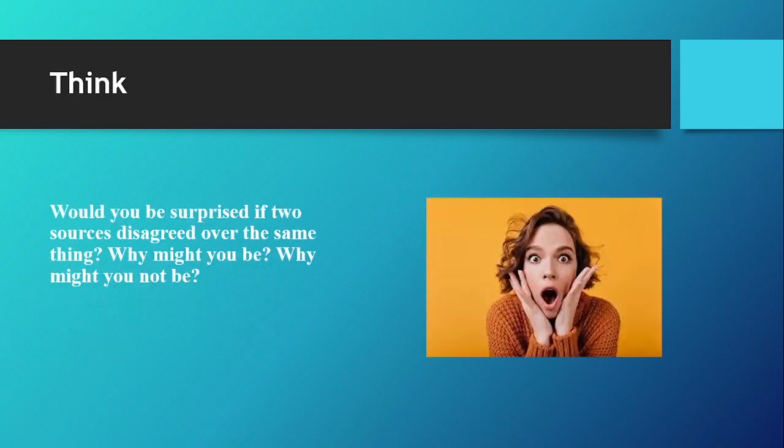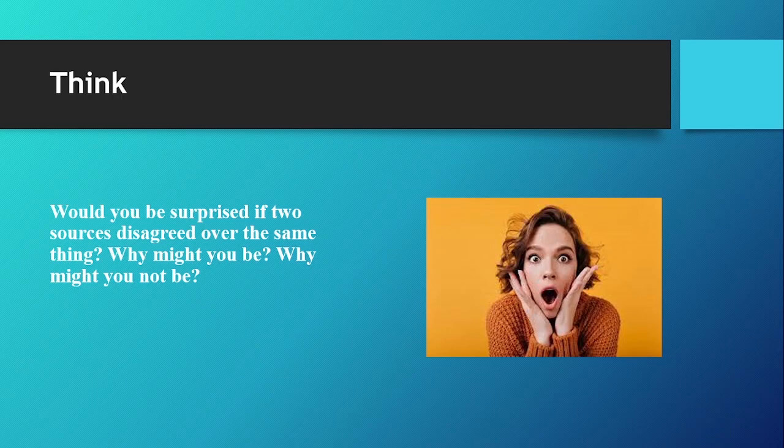Now, if you have never studied a particular topic before, if you haven't even studied history before, aren't there nearly always at least two ways of looking at something? Different political perspectives, different national perspectives, winners and losers perspectives, and so on.